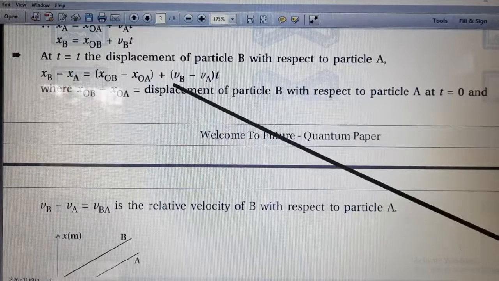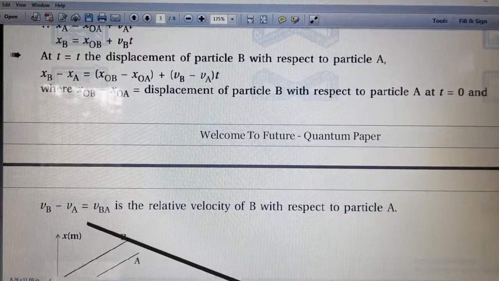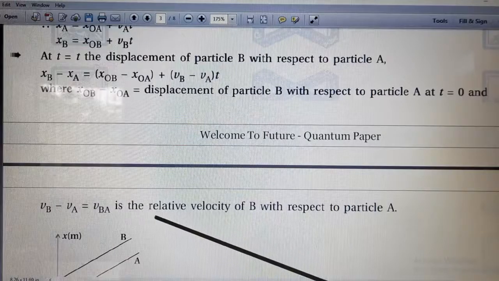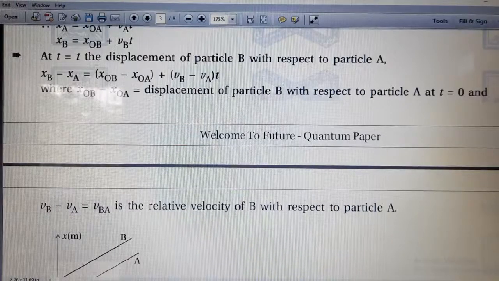And same way VB minus VA, means VBA, is the relative velocity of B with respect to particle A.